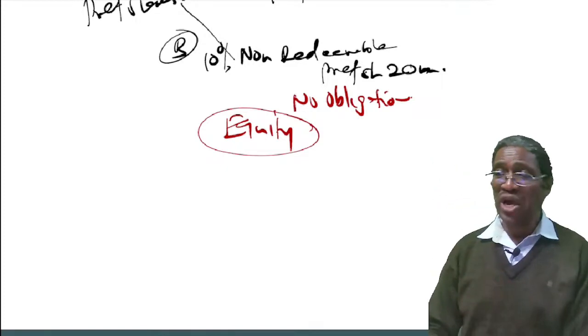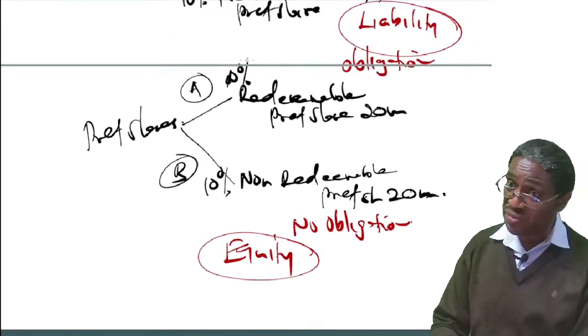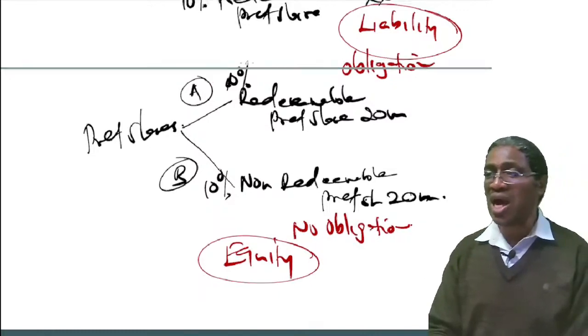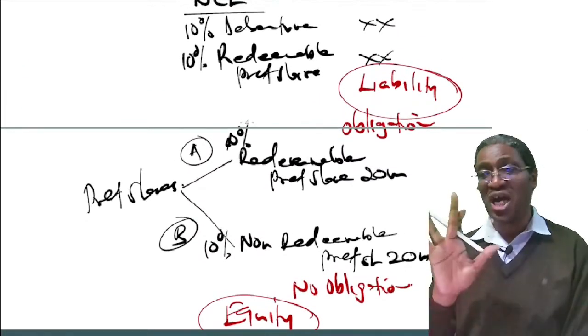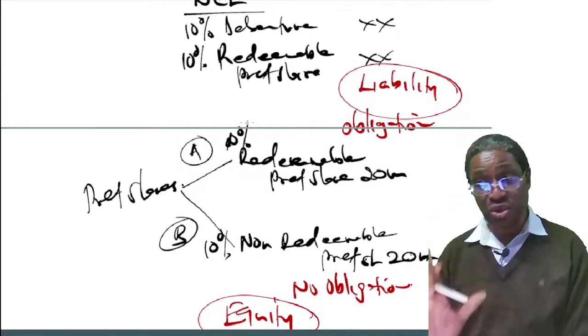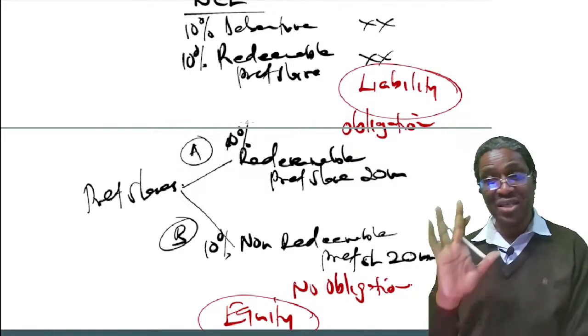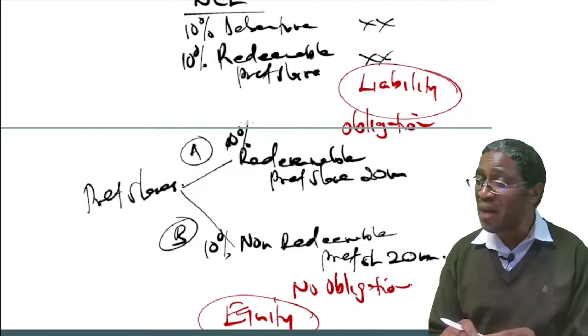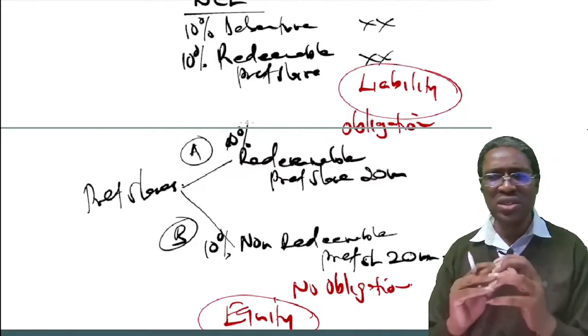Good. So I hope I have managed to distinguish how to treat these two as far as the balance sheet is concerned. If it's a redeemable preference share, don't take it among the share capital, share premium, general reserve.